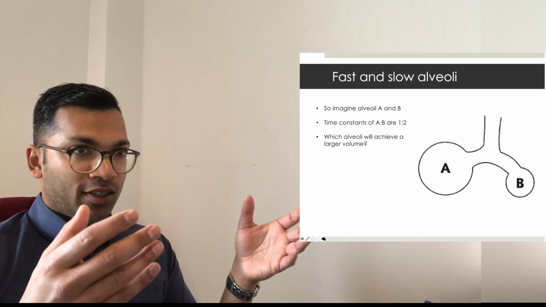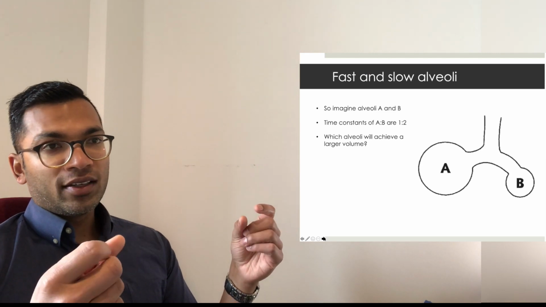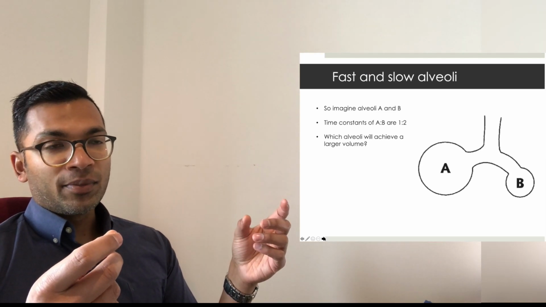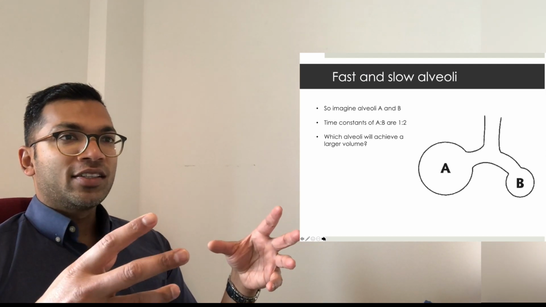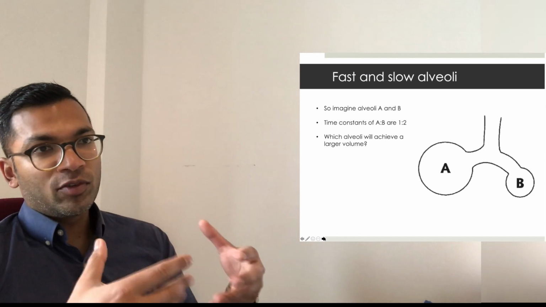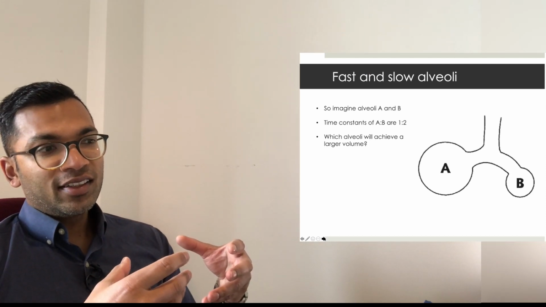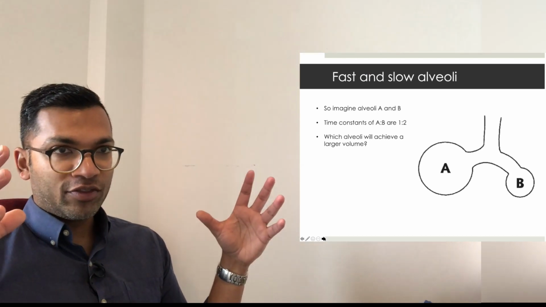It is absolutely dependent on compliance. You could have something with super high resistance to make a time constant very, very long. But if the compliance is very large and you gave a lot of time to inflate that high resistance alveolus, it would eventually reach a very large volume.